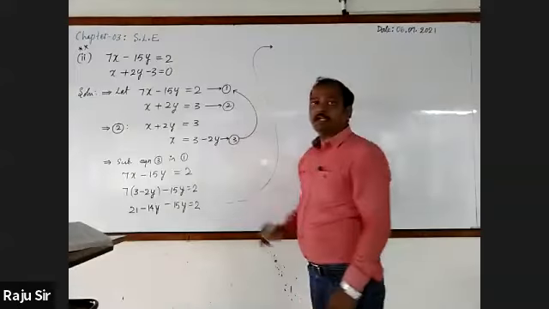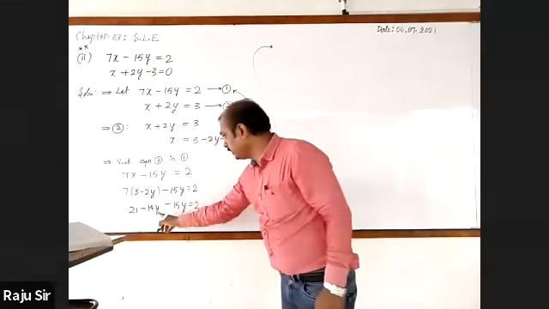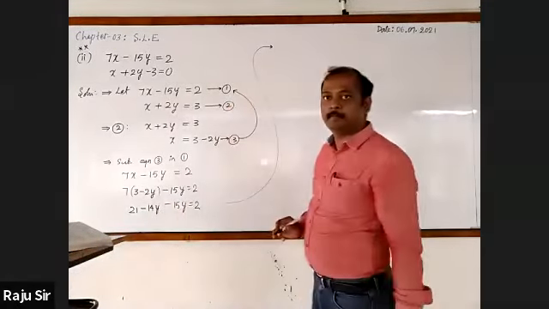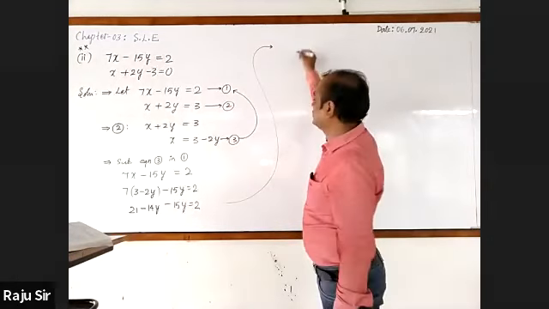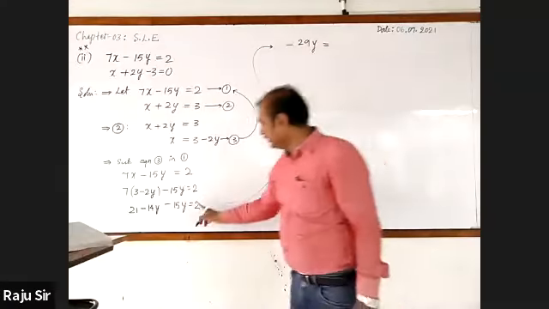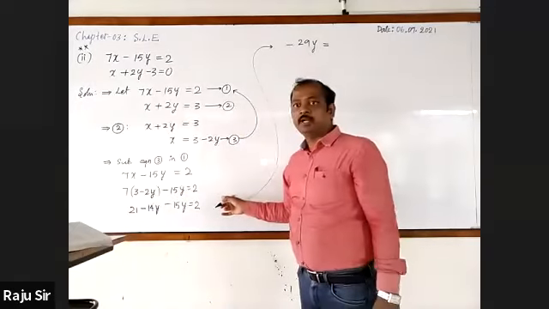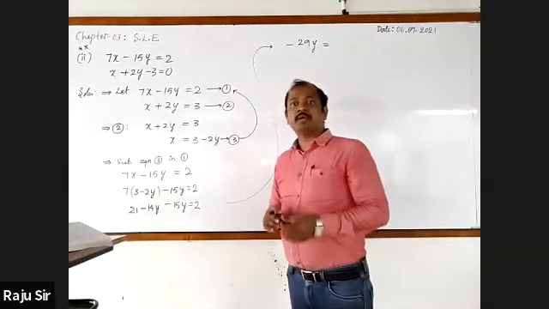It is minus 14y minus 15y, which is minus 29y, equal to 2. Transfer 21 to the right hand side. It becomes minus 21. What is 2 minus 21?